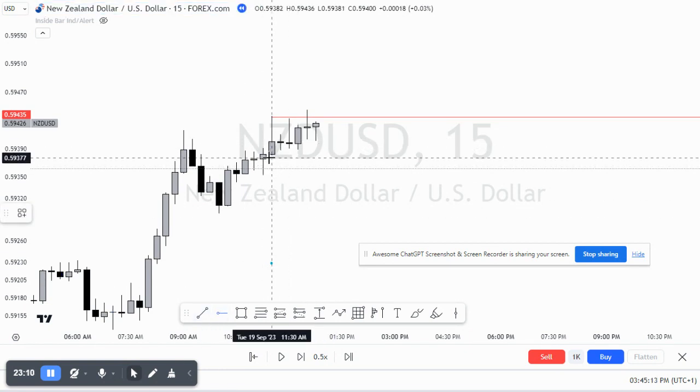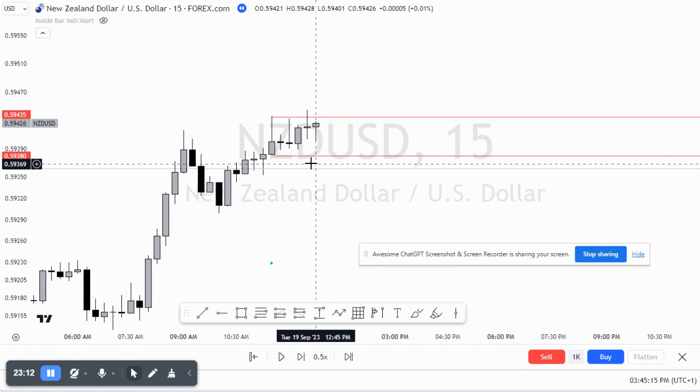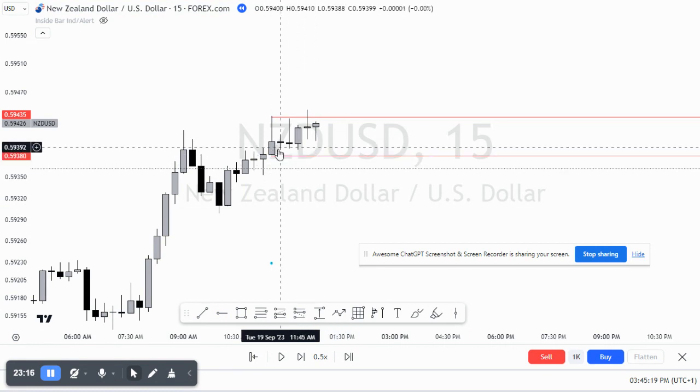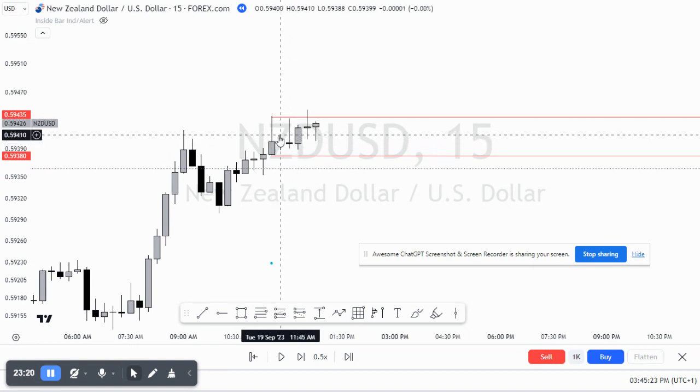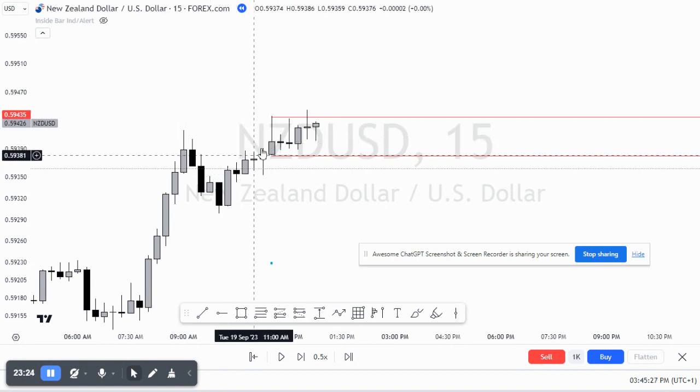Now you can see that these three candles, this one, and this one, they were all inside the covering of this candle.